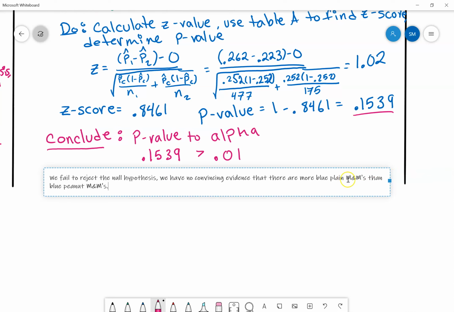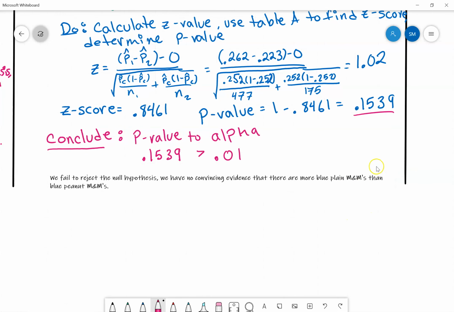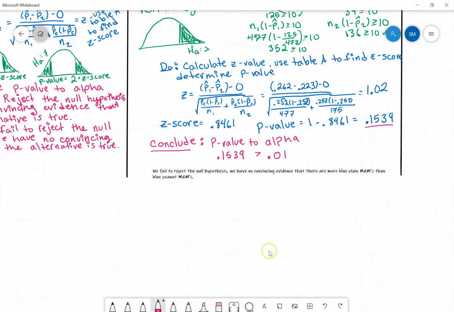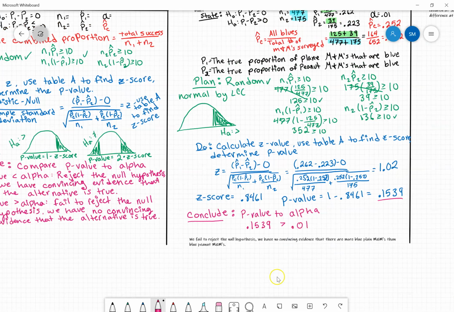So this is what we're going to write for our conclusion. We've done all of our steps, and so we are done with the problems.